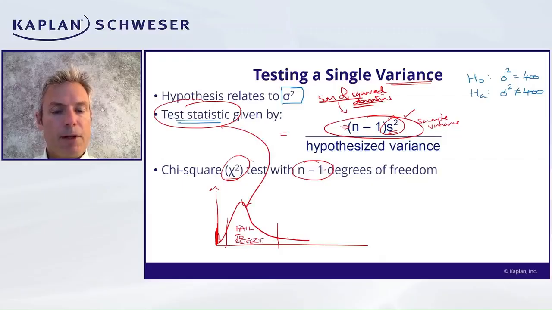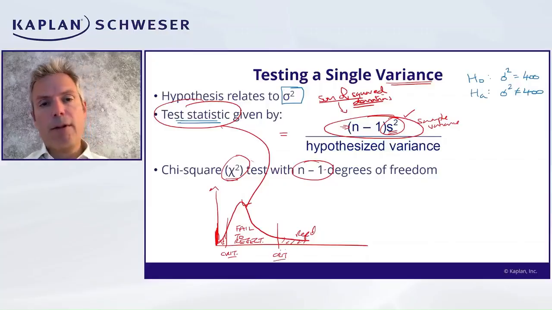If it's greater than the higher critical value, you'd reject. And if it's below the lower critical value, you'd reject. Just keep an eye on what you're doing and acknowledge that there's no symmetry here like with a normal or t distribution. So let's do it.